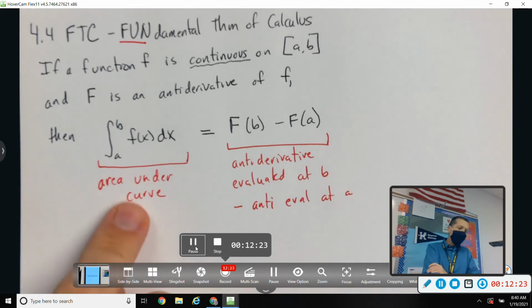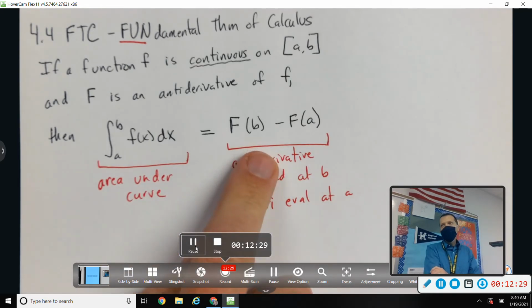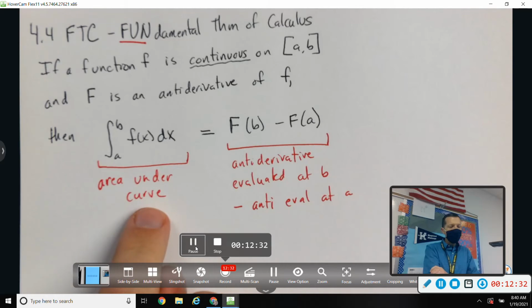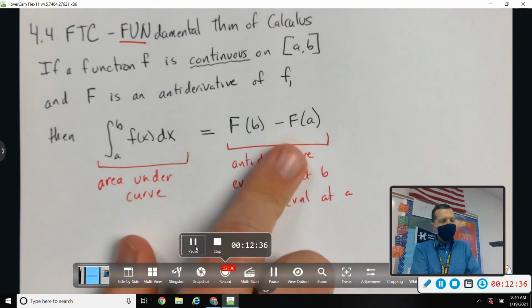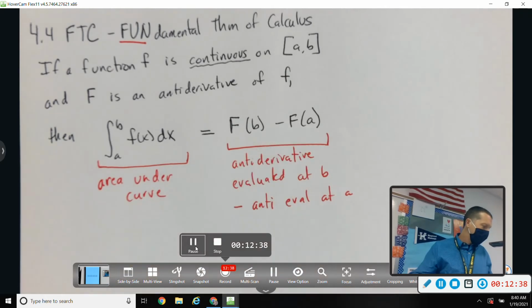The area under the curve, we can find the area under the curve by doing an antiderivative. So this will help us when we get shapes that we don't know what they look like. If we want the area under the curve, we can use antiderivatives to get there.